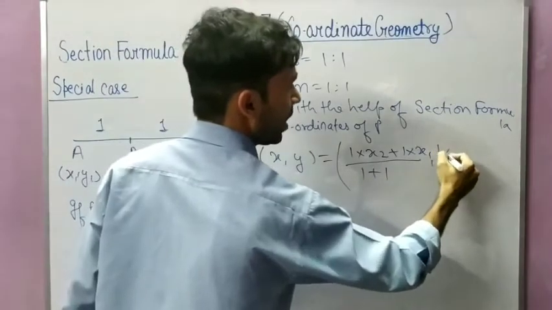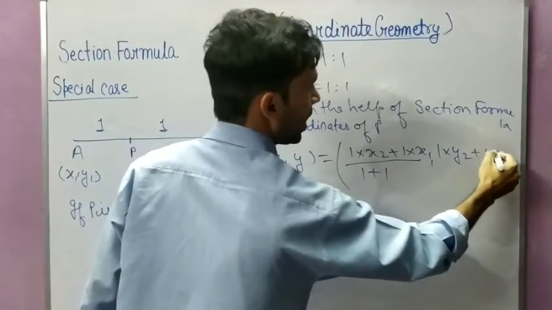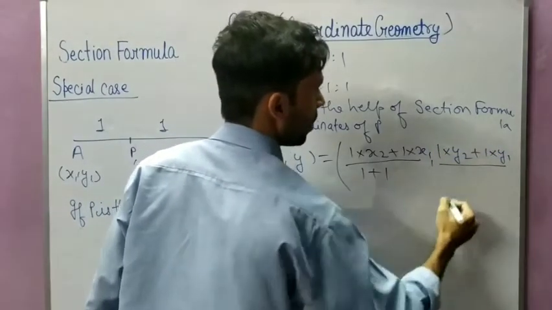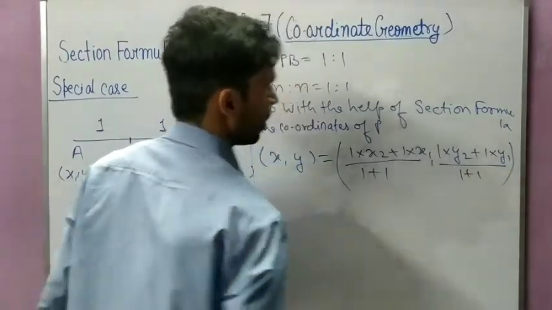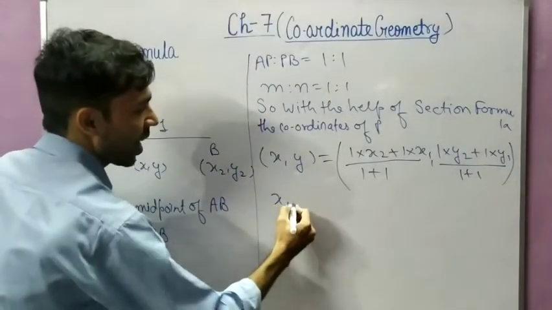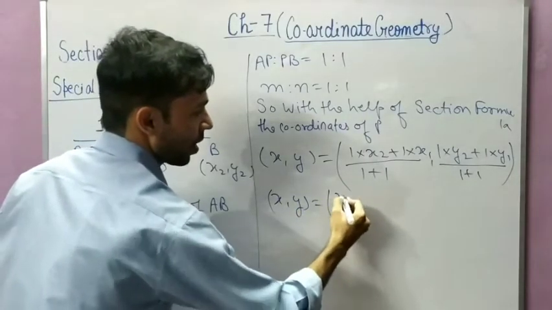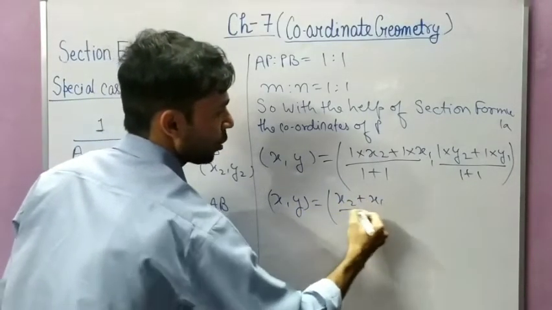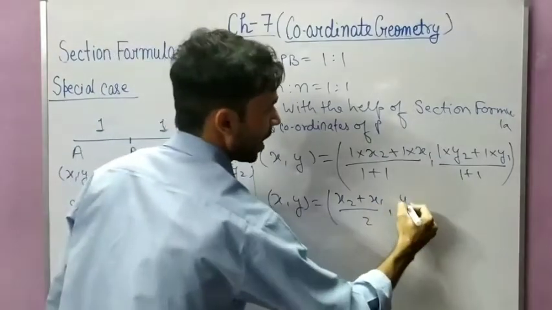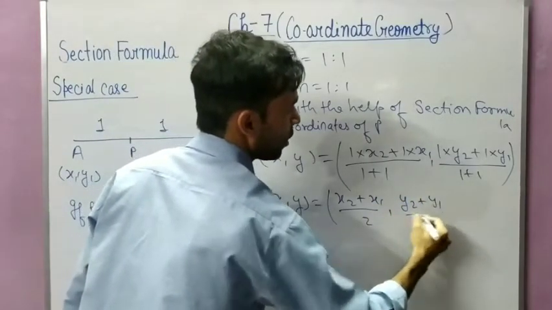Similarly, 1 into y2 plus 1 into y1 upon 1 plus 1. Now it means that x, y is equal to x2 plus x1 by 2 and y2 plus y1 by 2.